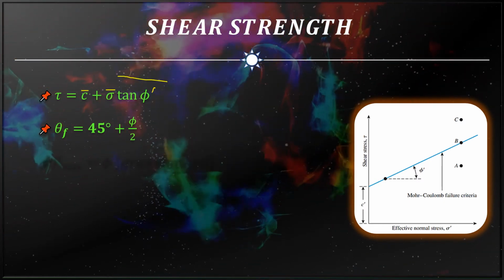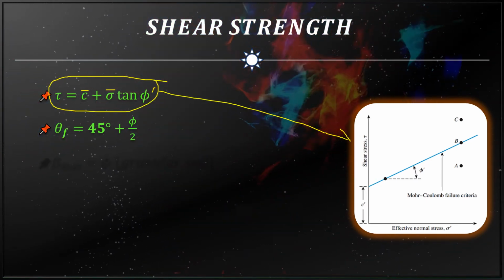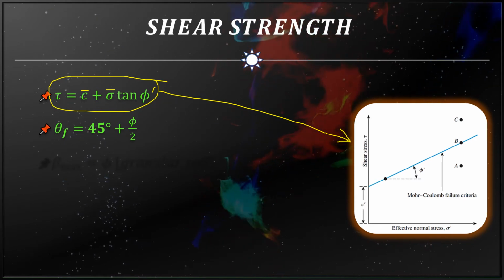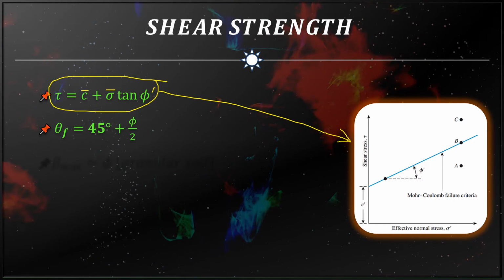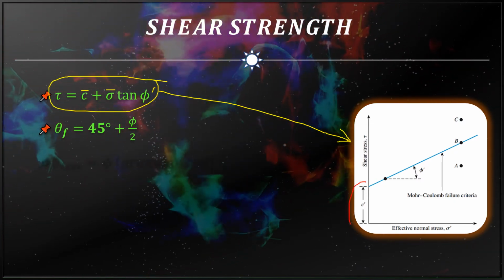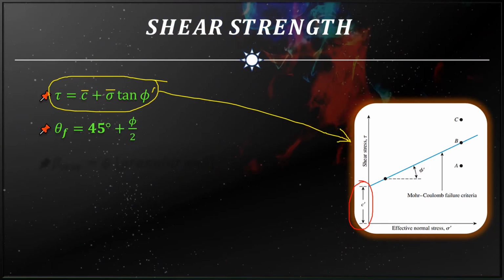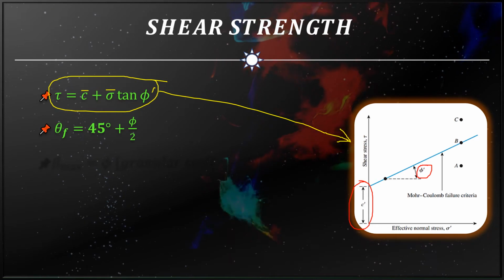And this basic formula can be related to this graph, that is shear stress versus effective normal stress. This initial intercept, that you can see here, is called the cohesion value, and after that a slope is there, and that slope is called phi, the angle of internal friction.